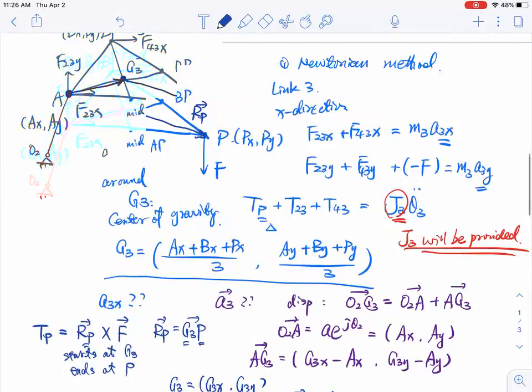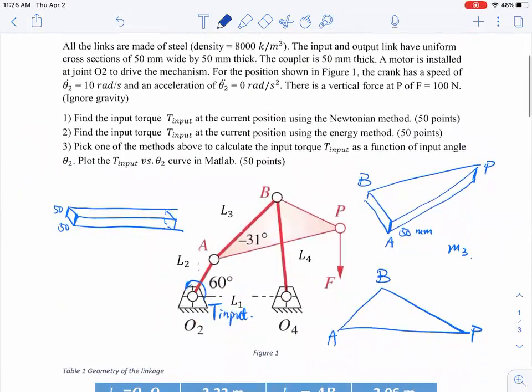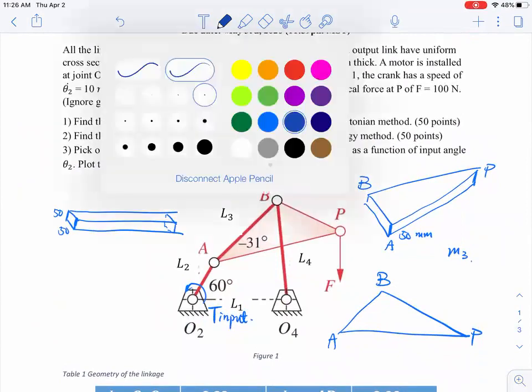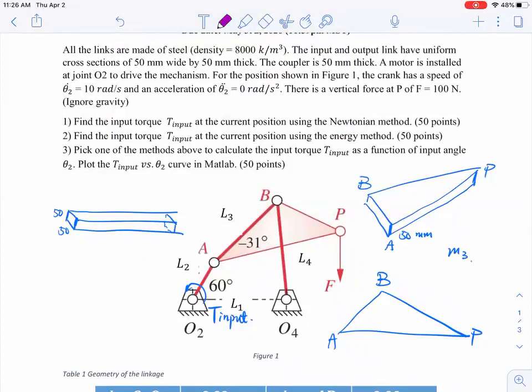Yes, definitely you can, but I'm going to give you a recommended coordinate system. So let's use these as theta 2, this one as theta 3, this one as theta 4, which is similar to previous homework.